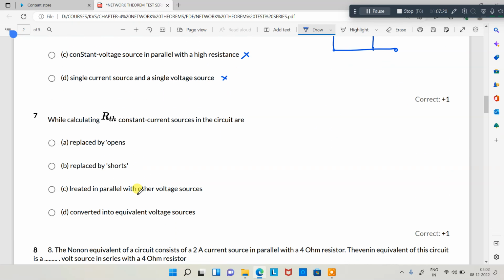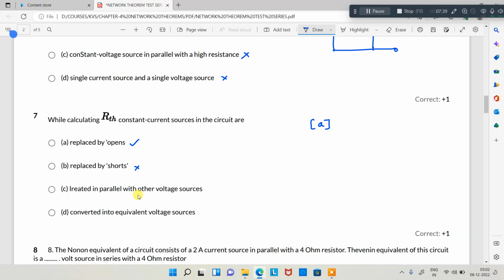Next, while calculating the RTH, that means Thevenin's resistance, constant current sources in the circuits are replaced by open circuited. Yes, it is replaced by open circuited. Option A is correct.